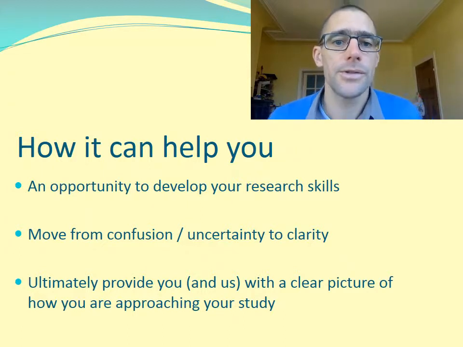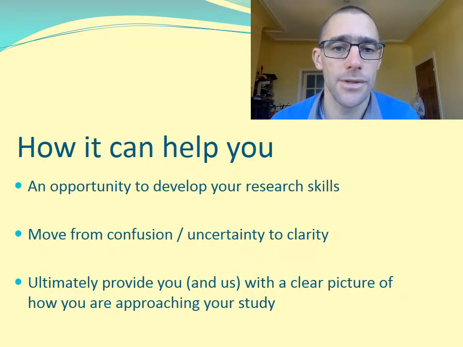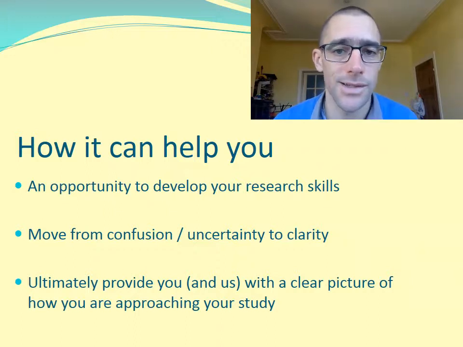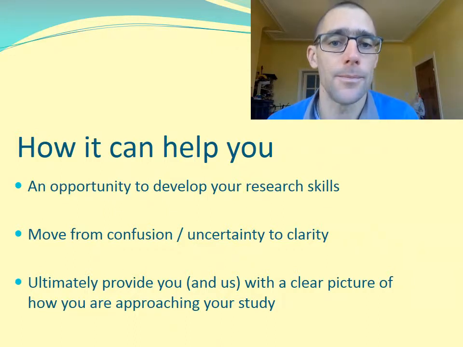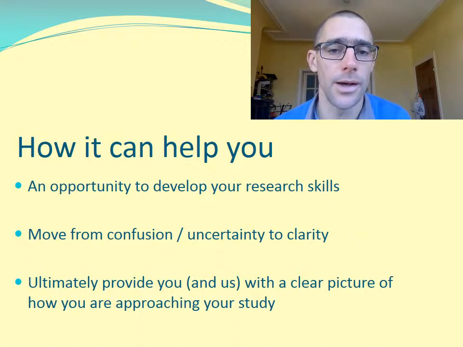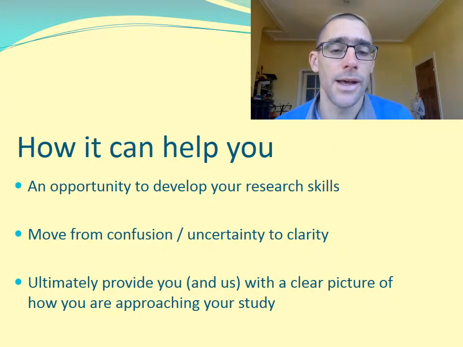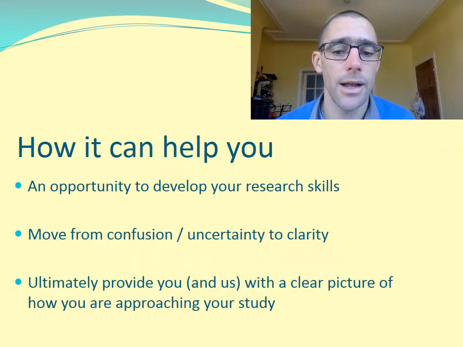So, this process of reviewing the literature can help you in a number of ways. Firstly, it's an opportunity to develop your own research skills, those skills of searching, sorting, sifting through a body of work in order to find what is most relevant to you and then constructing an argument, a review around that body of literature. Now, this might seem a bit daunting at first, but you're not necessarily alone in this.